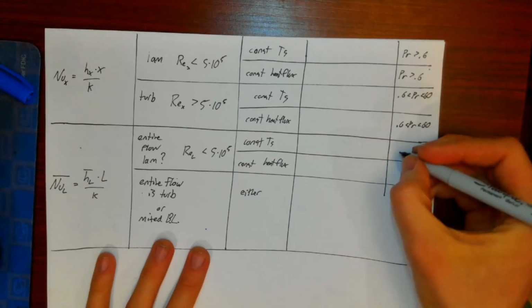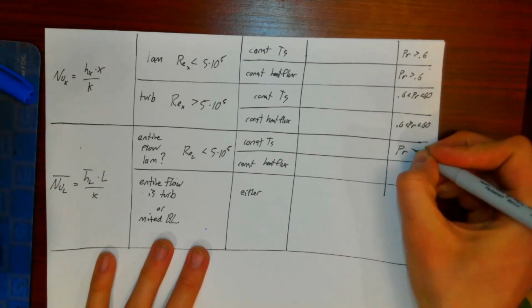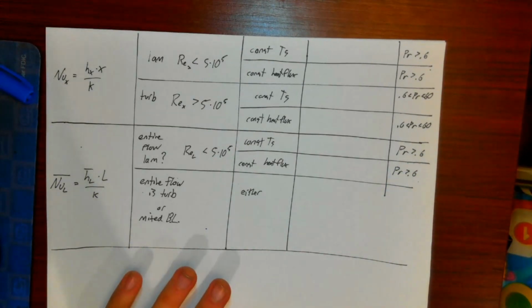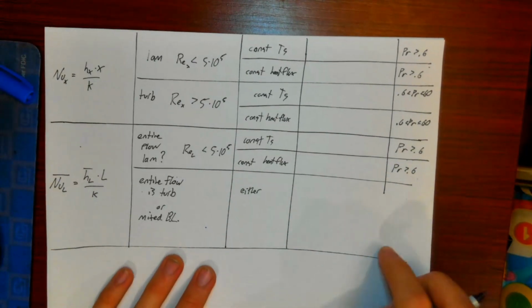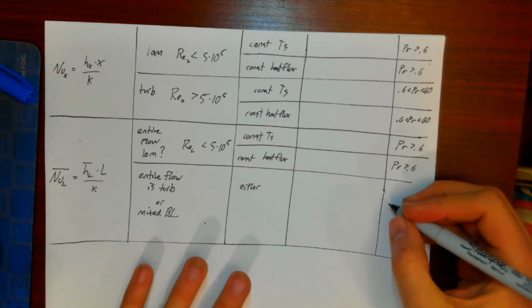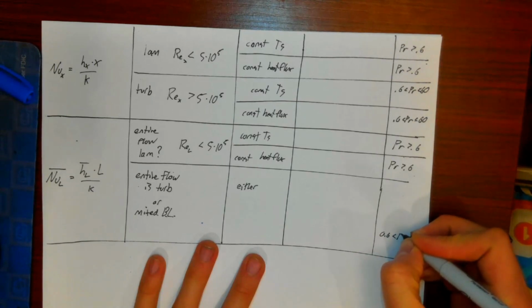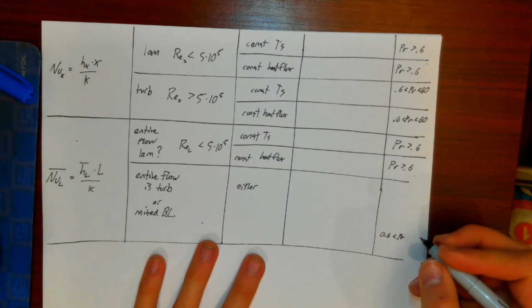For this next one, the Prandtl number just needs to be bigger than 0.6. And for this last one, the Prandtl number needs to be between 0.6 and 60.